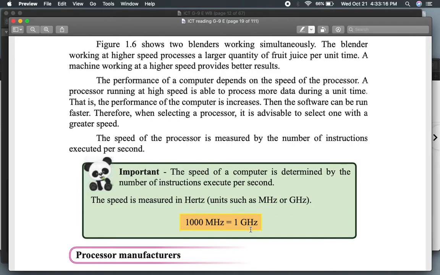There is a general term we use for gigahertz. We say 1 gig instead of saying the entire gigahertz.